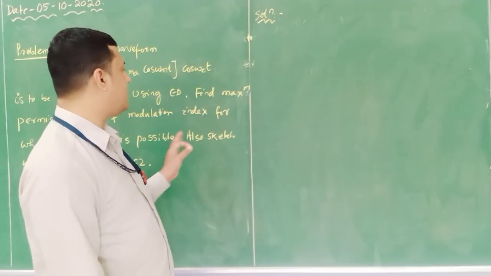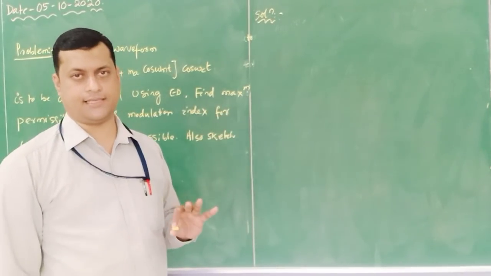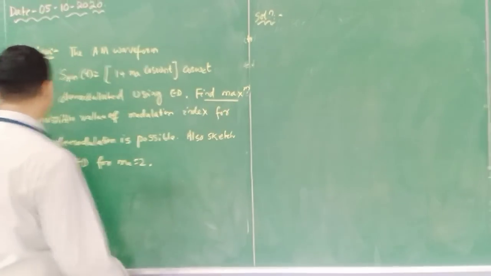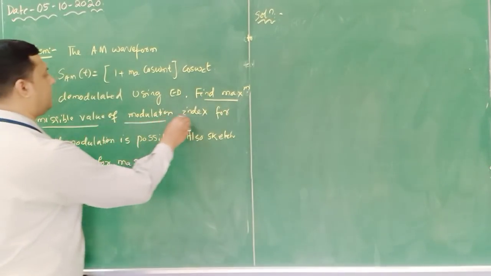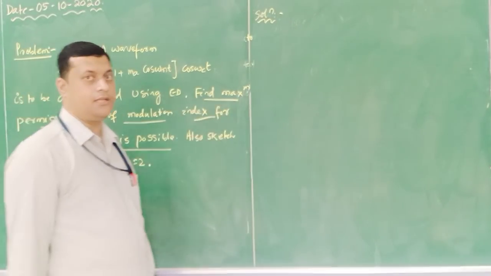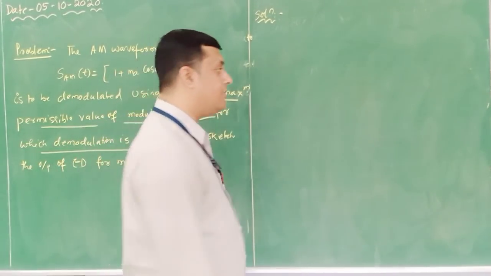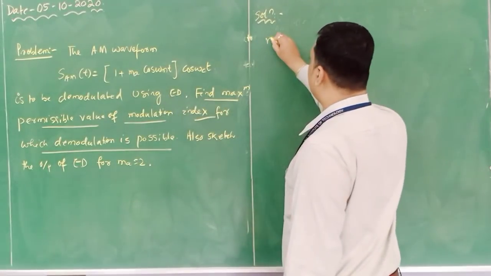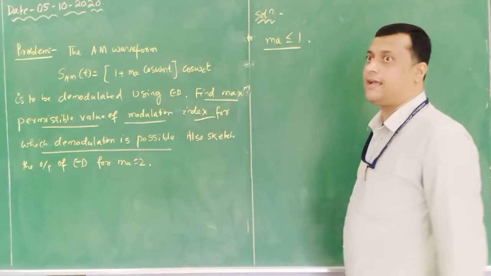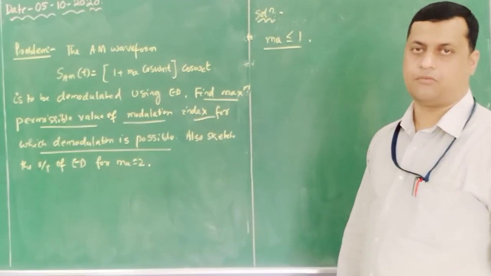Then only we can recover the original message signal. So here it was asked, find the maximum permissible value of the modulation index for which demodulation is possible. So the maximum modulation index is MA less than or equal to 1.